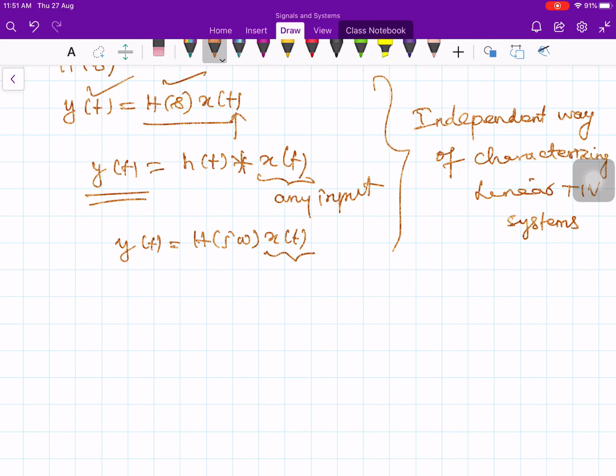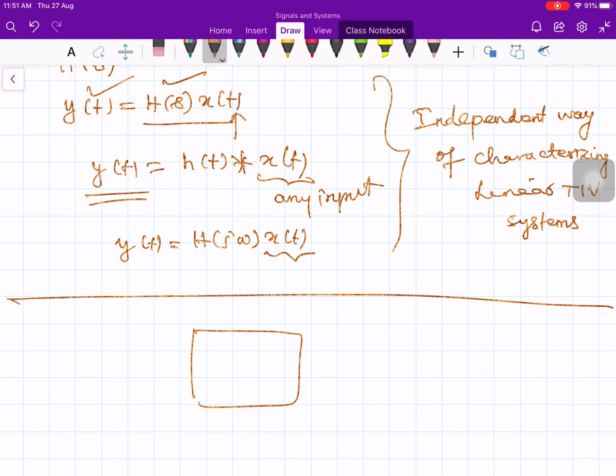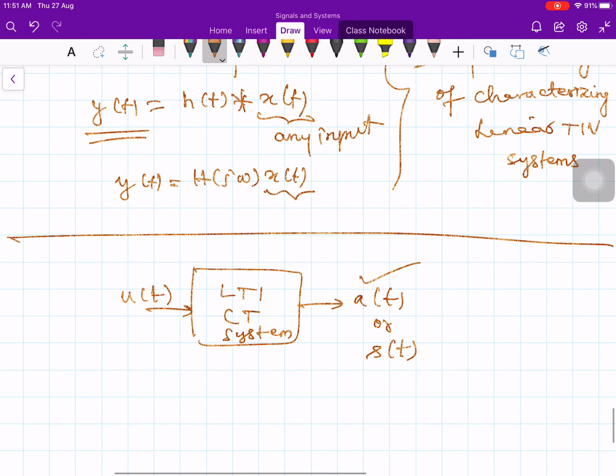There is yet another way of describing the system output, what is called the step response. You take the same LTI continuous time system, and now the input is not delta t, it is u of t, the unit step signal, and the corresponding output is denoted by A of t. Some people will use the notation S of t, but let us stick to A of t because there will be some confusion if I put S here.